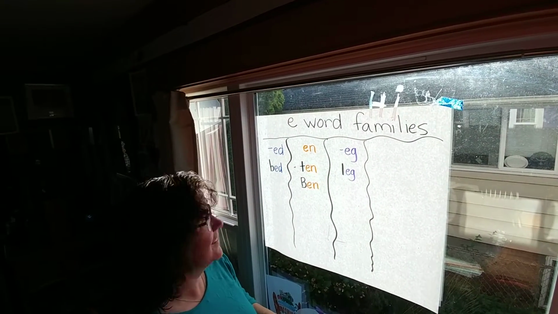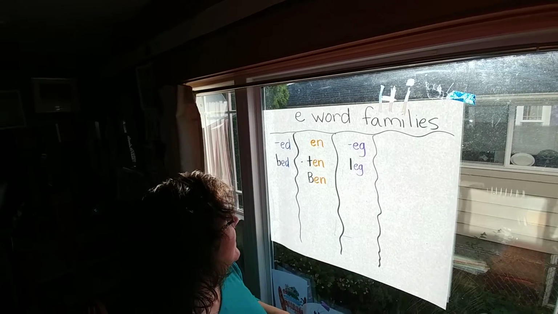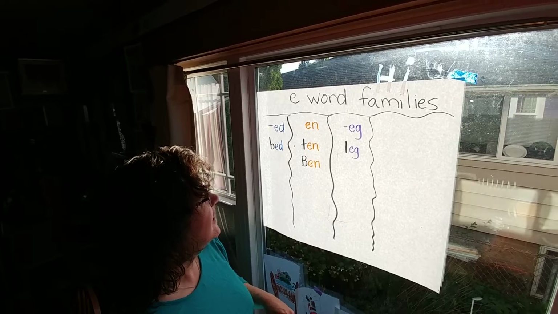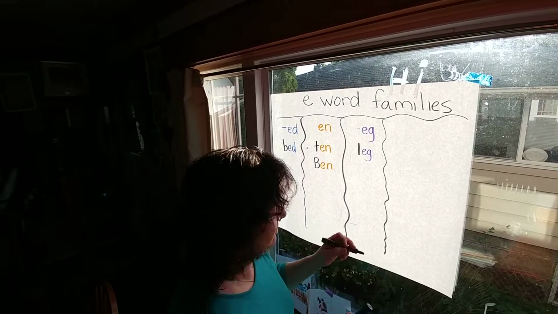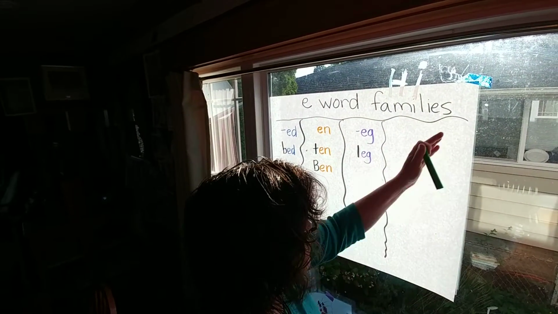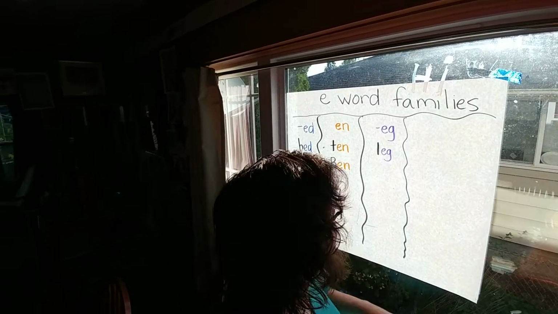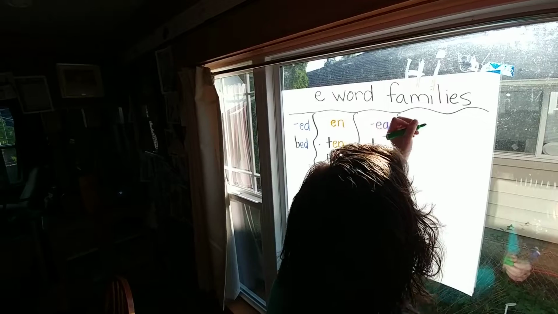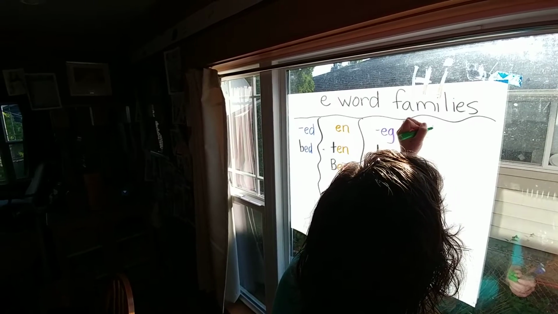Do you know what I'm forgetting? Finally, we have a bunch that have different, like, oh, here's one. And then we're going to have another column that's just kind of random ones because we don't have a lot in those different categories, like eb words and L words. So this one is et.